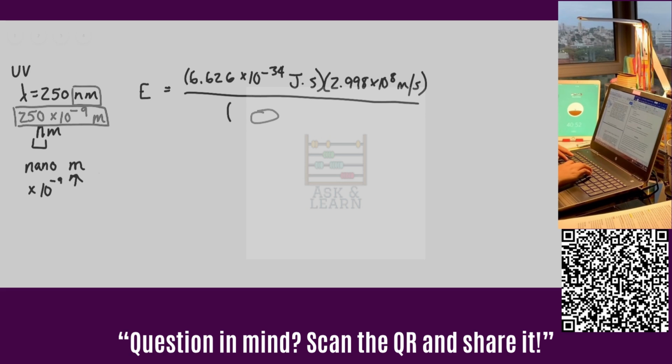So we're going to write in 250 times 10 to the minus 9 meters. The other correct way to write this is 2.50 times 10 to the minus 7 meters, if you want.